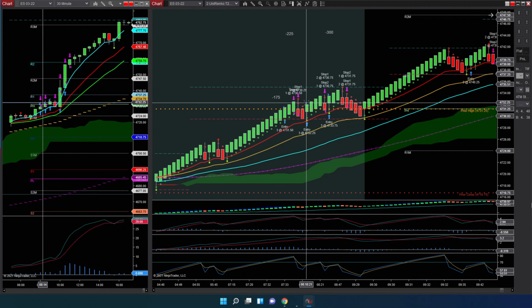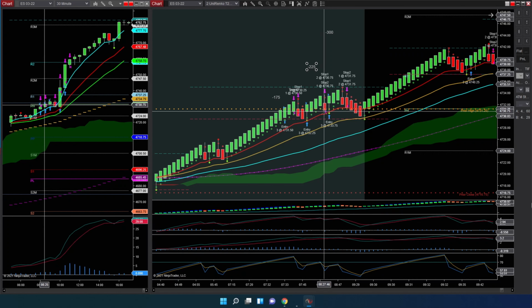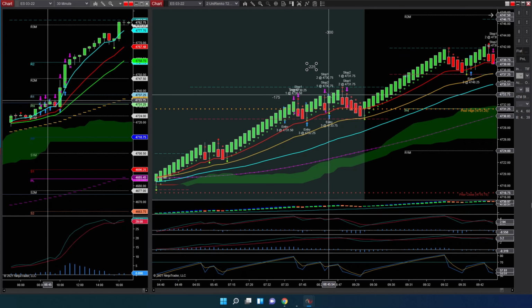So when they painted the first candle to the opposite side, then I sold it right there. Right after, it made another break to the upside, and I took it as well.